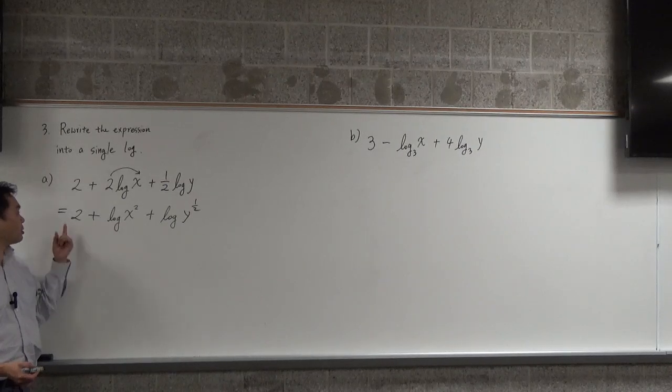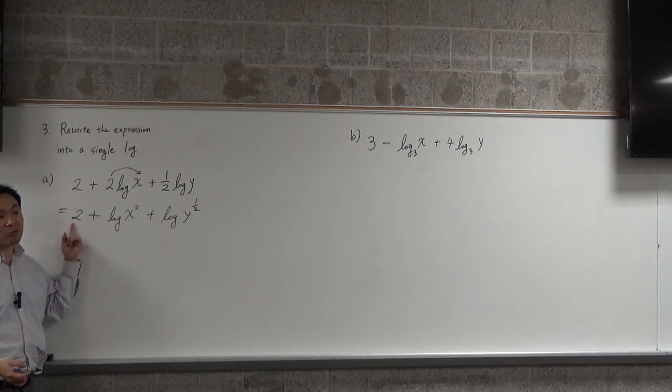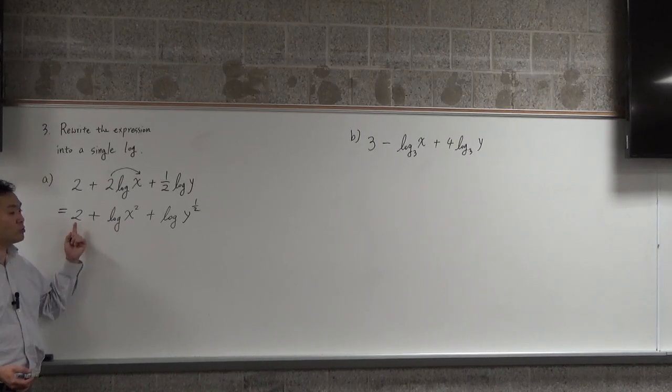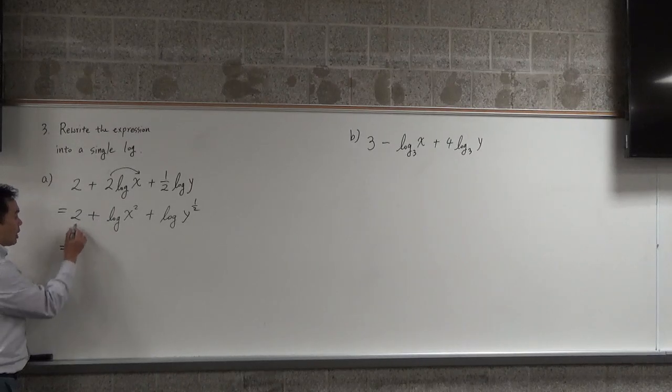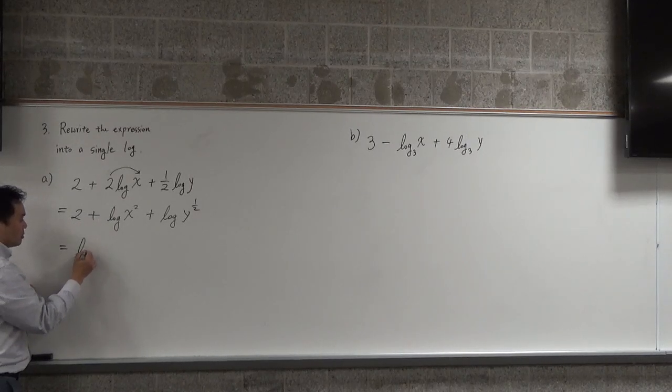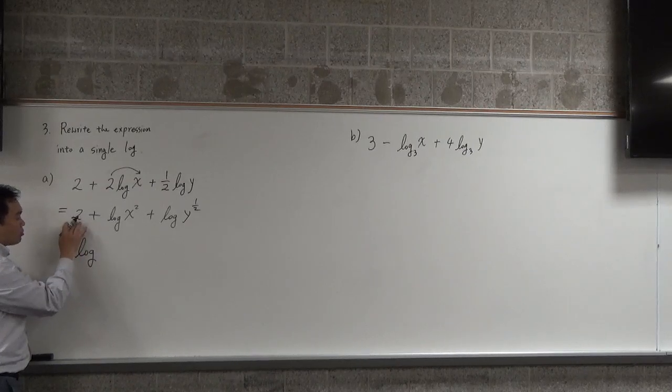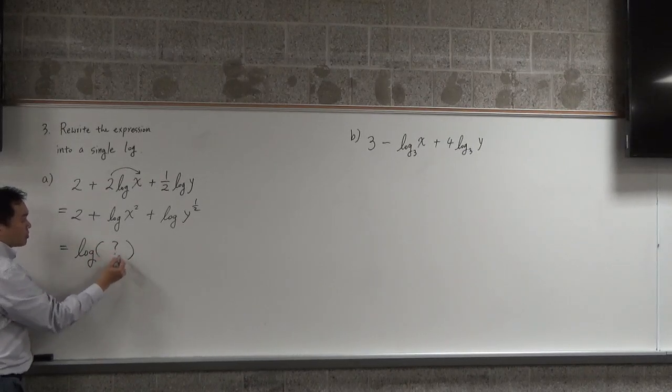The trouble is, what about this 2? That's outside the log. So in order to put this 2 together, you need to rewrite this as log of something. So now our challenge is to write 2 as log of something.